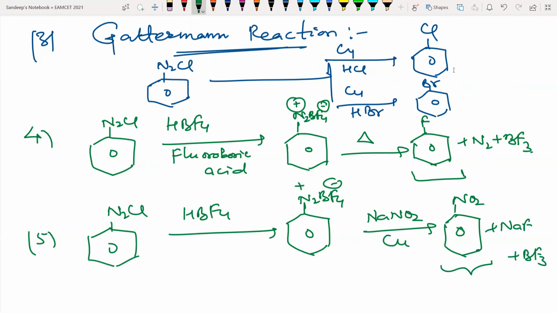So this way nitrobenzene, fluorobenzene, etc. can easily be prepared by this method. This compound is called fluorobenzene, and this compound is called nitrobenzene.